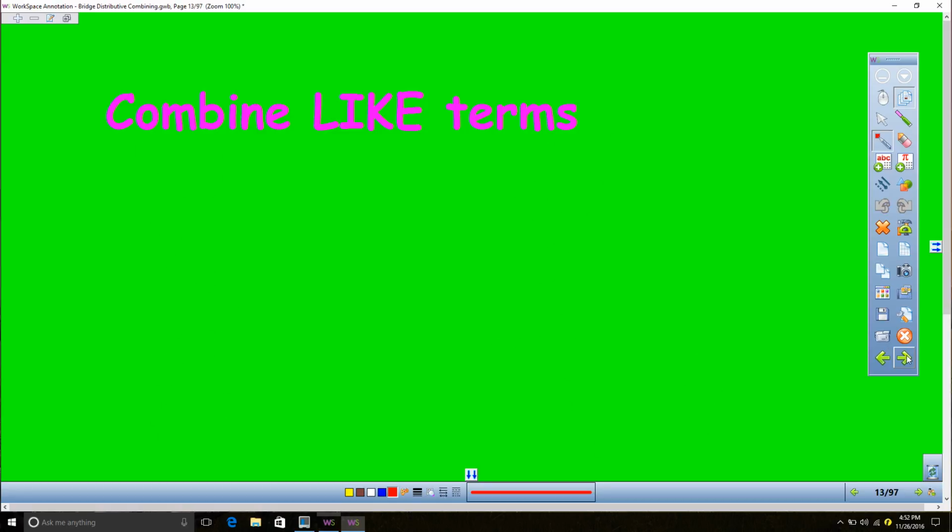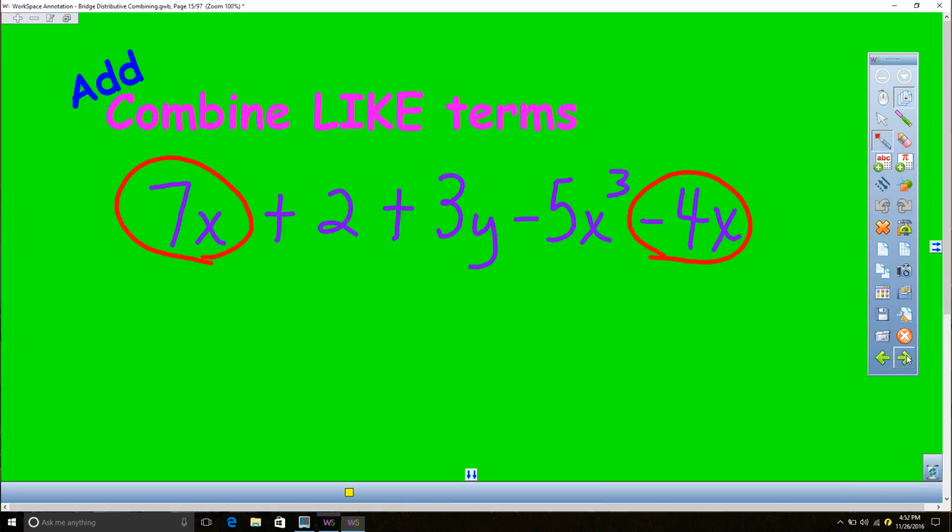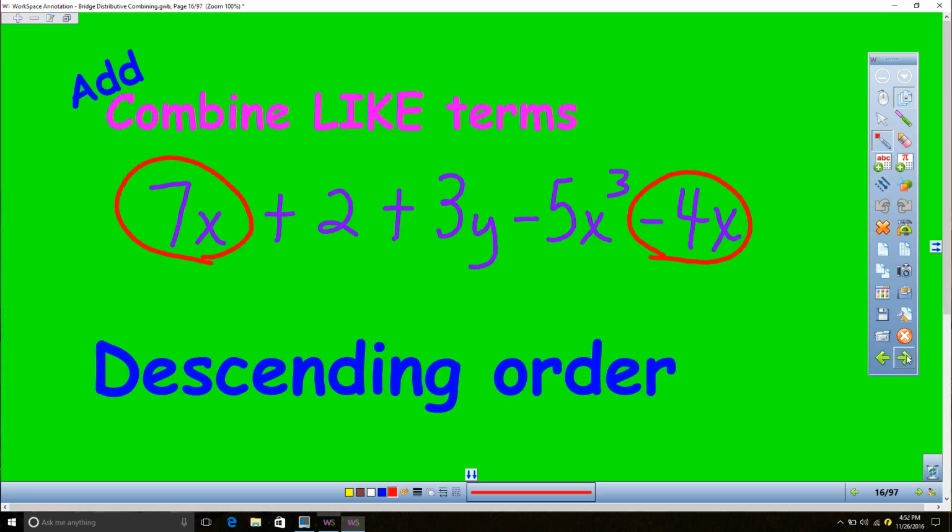I want you to be able to combine like terms. Combine simply means to add. So for example, in this expression, you can combine or add a 7x to a negative 4x because they are like terms. But when you start to write your answer, you want to write it in what we call descending order. Notice that there are x terms and there are y terms.